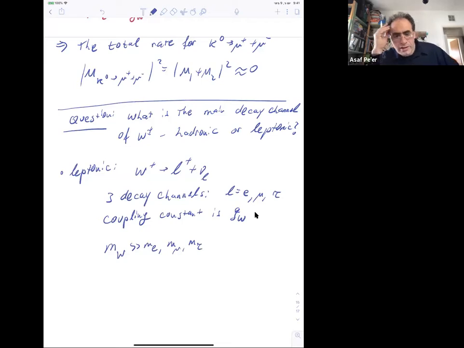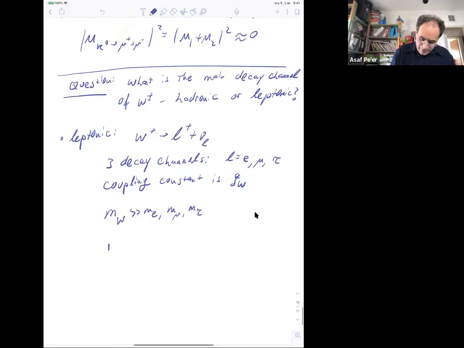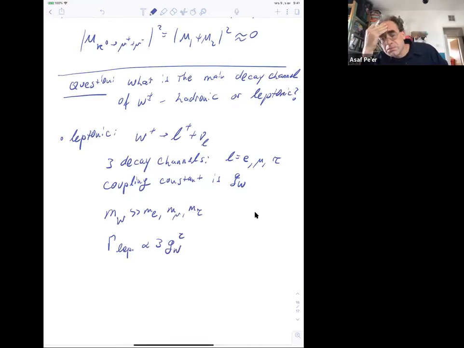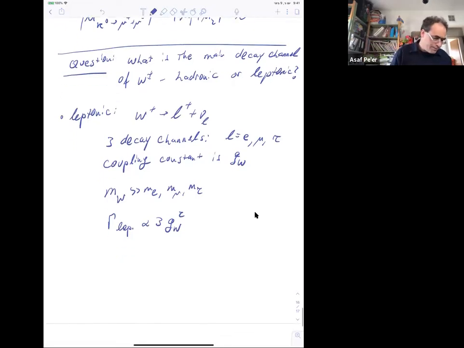So that means that I can neglect the phase space differences. And so I can write that gamma of the leptonic channel would be proportional to 3 G weak squared. That's easy.